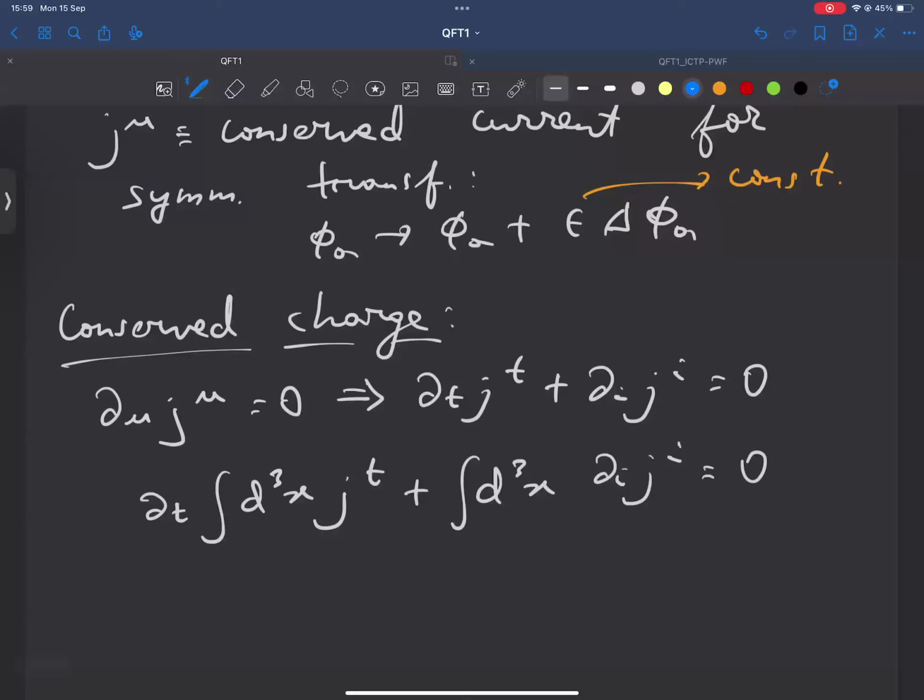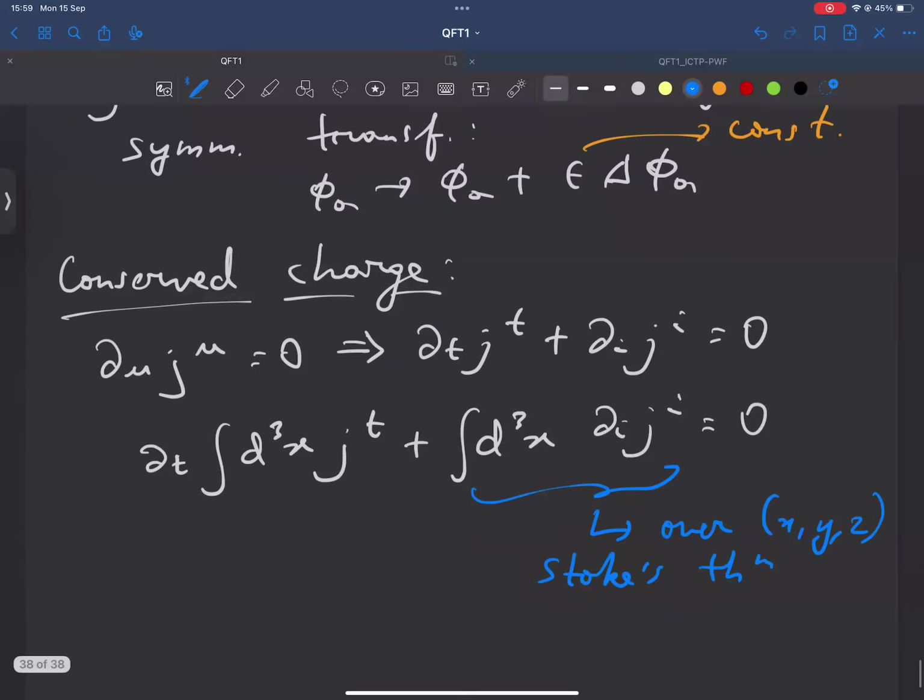Again, this is over the spatial coordinates x, y, z. This is a total derivative. So by Stokes' theorem and the way we discard derivative terms, we can get rid of this.